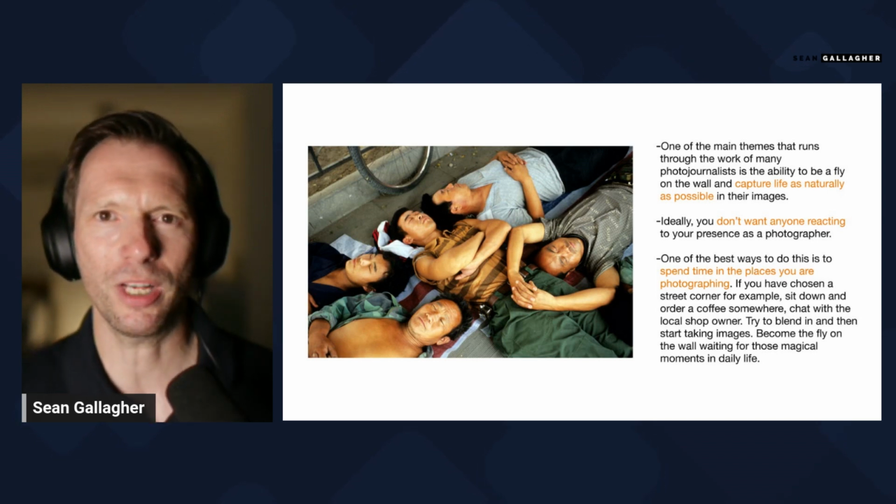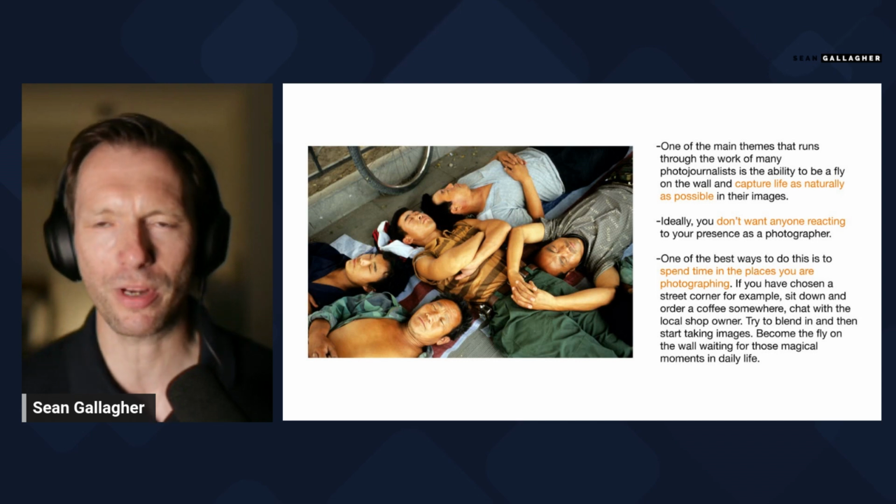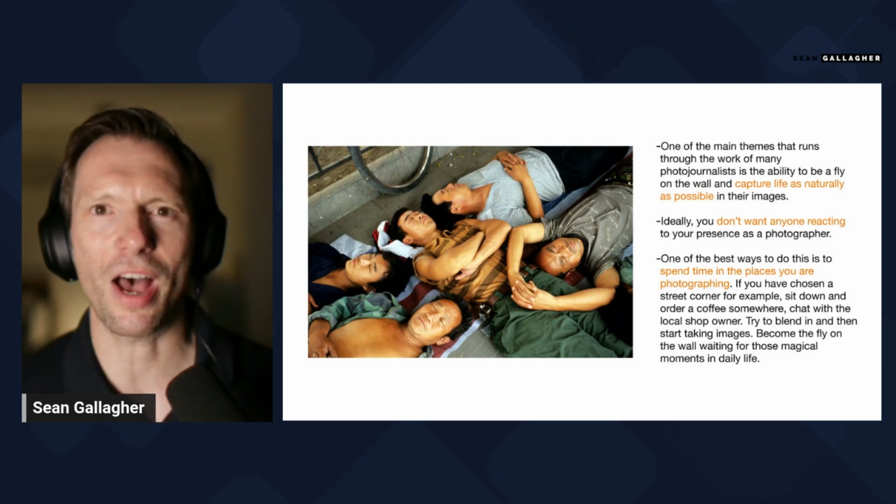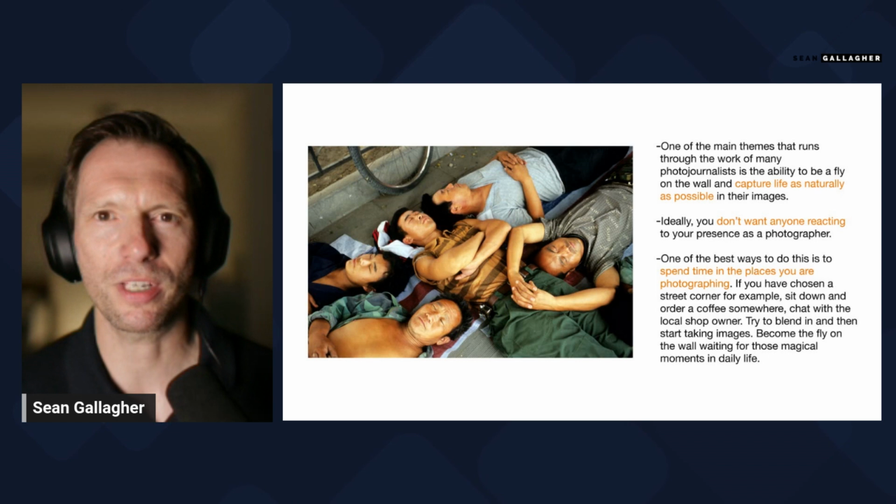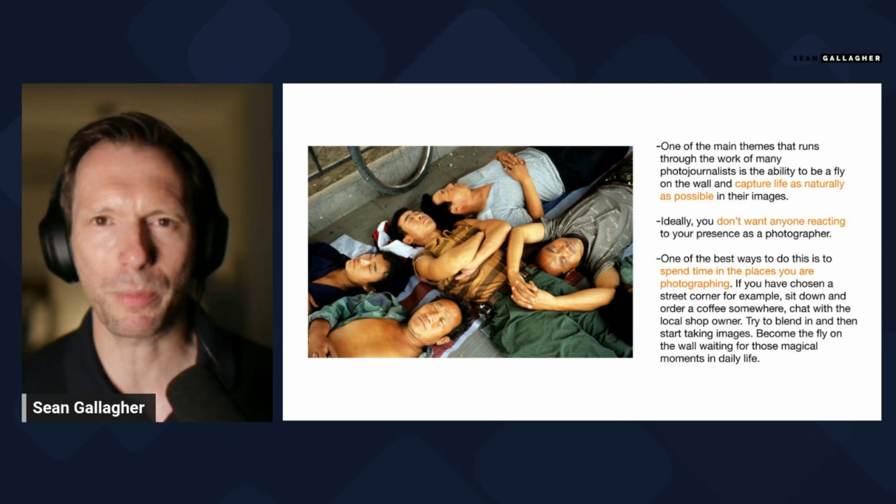So as a photojournalist, when I'm in situations, what I'm often trying to do is capture images where people aren't reacting to the camera. They're not doing anything because I'm there. I'm always trying to capture images as naturally as possible. So I try to be a fly on the wall.